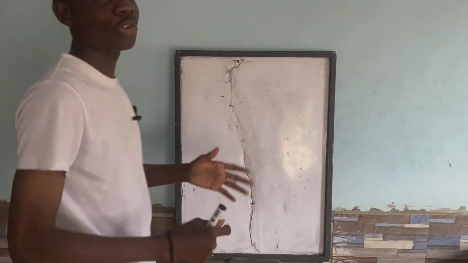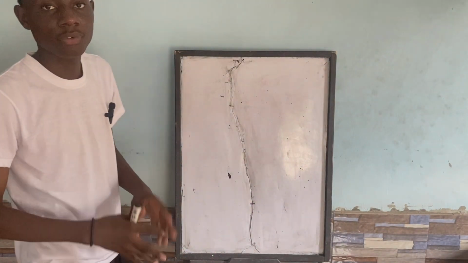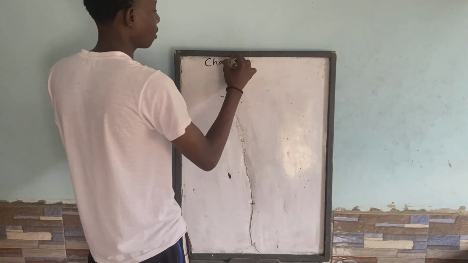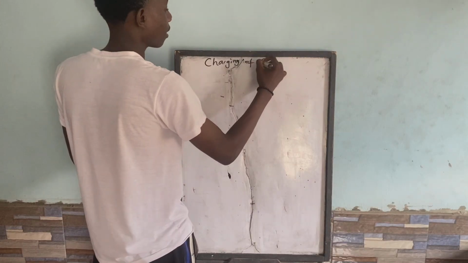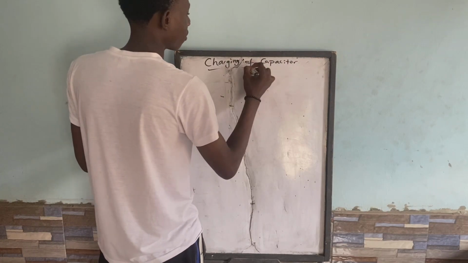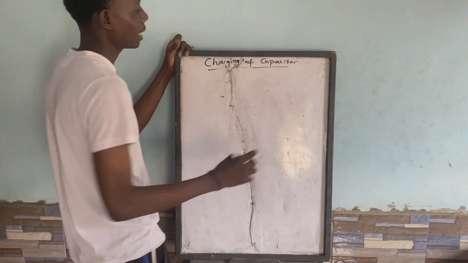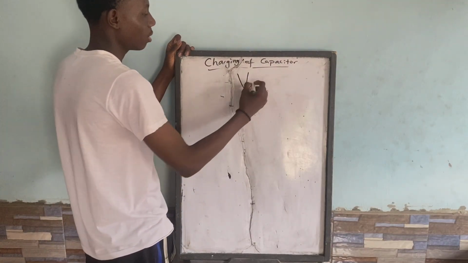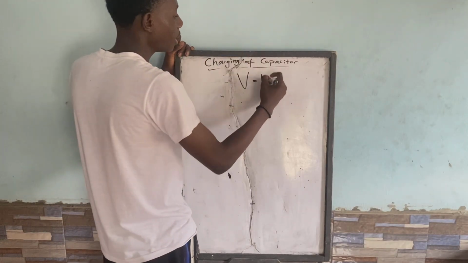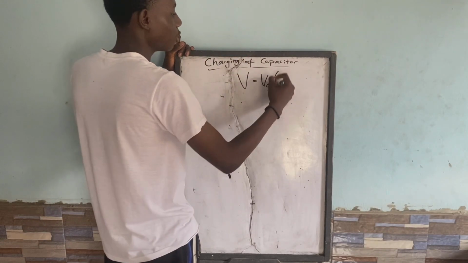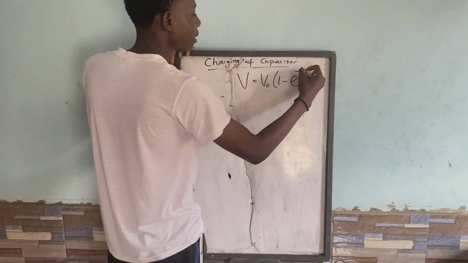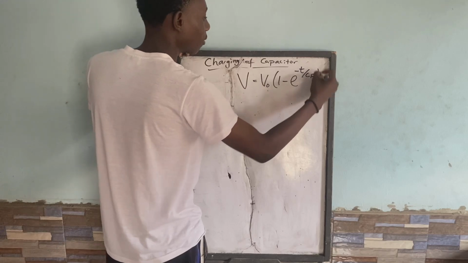Are we clear? Now to the formulas for the charging of the capacitor. The first basic formula is that your V, which is the final voltage that your capacitor would carry, is equal to the initial voltage V naught into brackets 1 minus exponential minus t over CR.